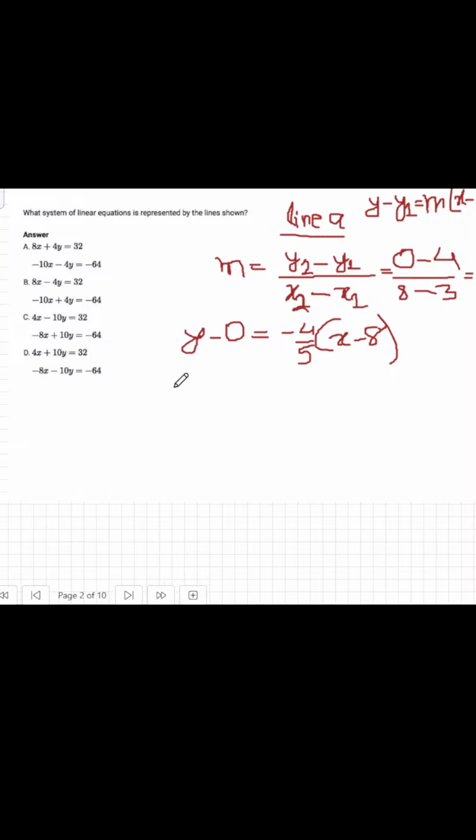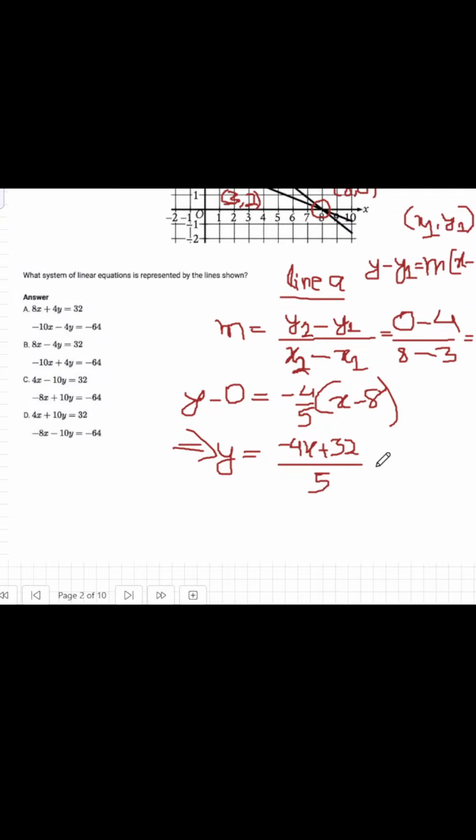This reduces to y equal to minus 4 by 5 x plus (minus 4 into minus 8 is 32) divided by 5. Now let us multiply by 5 on the right hand side, so we get 5y equal to minus 4x plus 32.